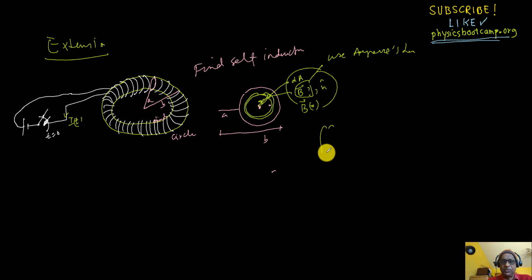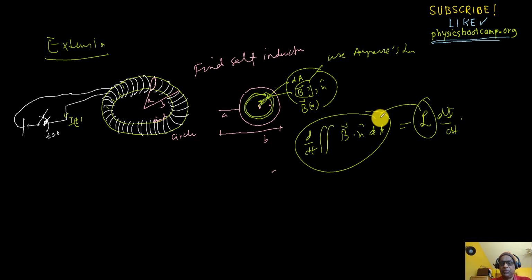So you do B dot n hat dA, and that will be all these areas inside, and d/dt, and make that equal to L dI/dt. And from there, if you do this integral, you should be able to get what the L is. So this will become something times dI/dt.